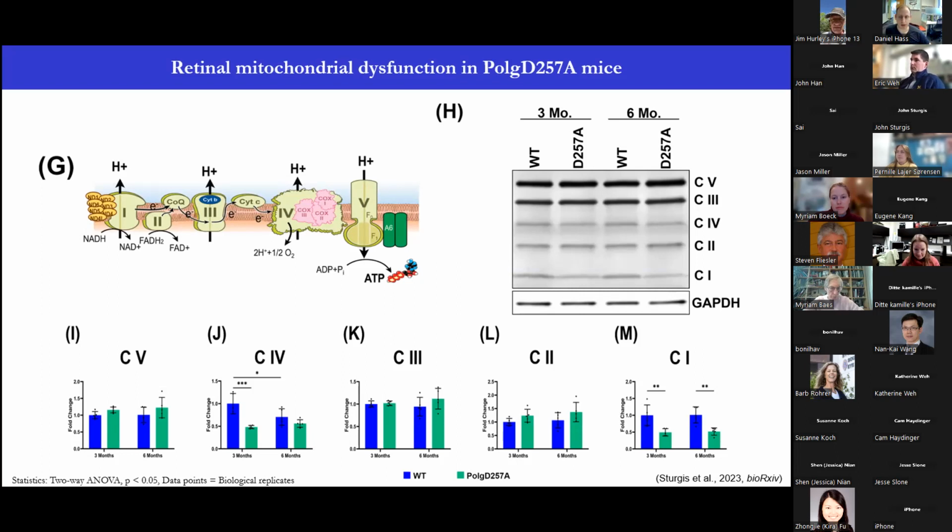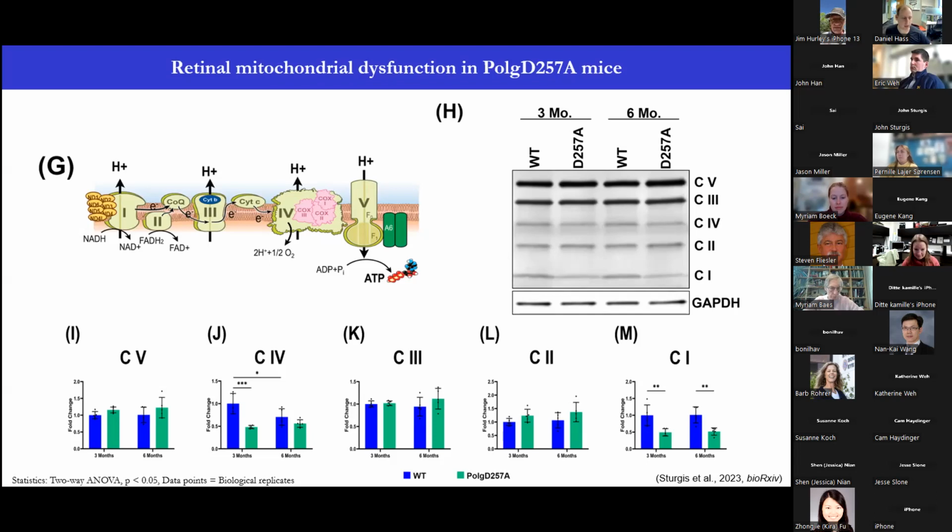So the question would be, what's compensating? I think Jason's point comes up here, that maybe they're not working their complex 4 as much as they possibly could, and so even a reduction in complex 4 is tolerated by the system, because OCR doesn't need to use all of the complex 4s that are there.